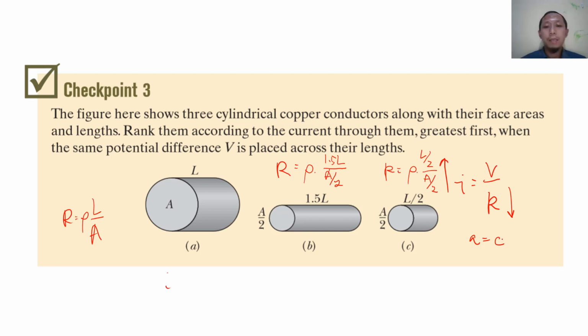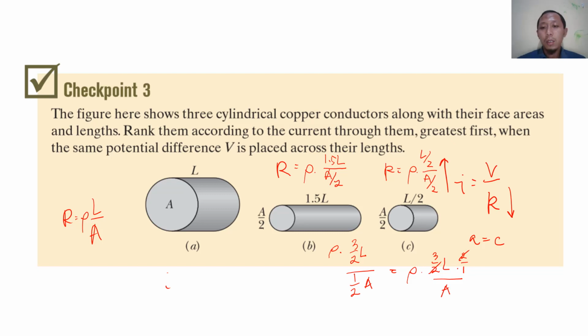And then what is B? So B is ρ, 3L, per half of A. So it's equal to ρ dot 3 per 2L dot 2 per 1 A, like this one, right? You can check.